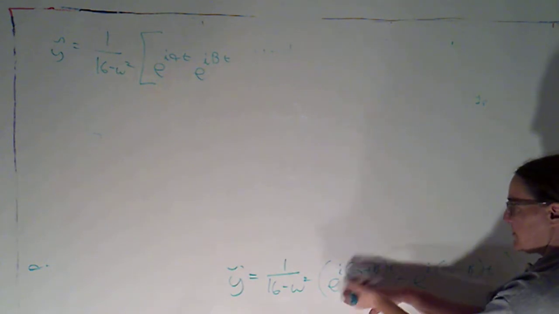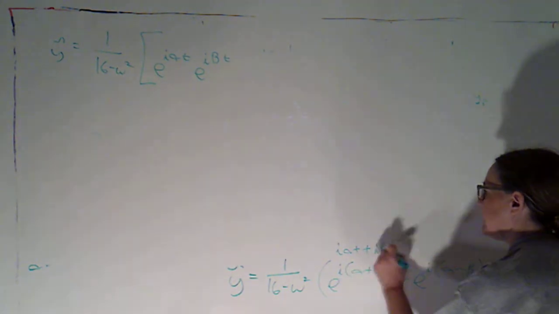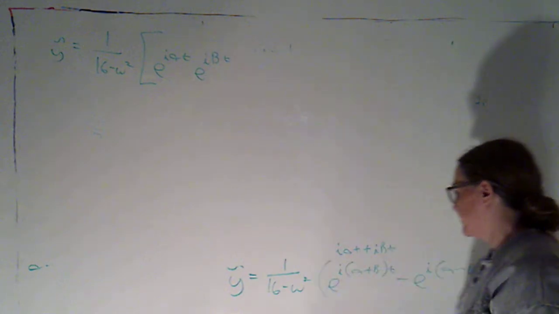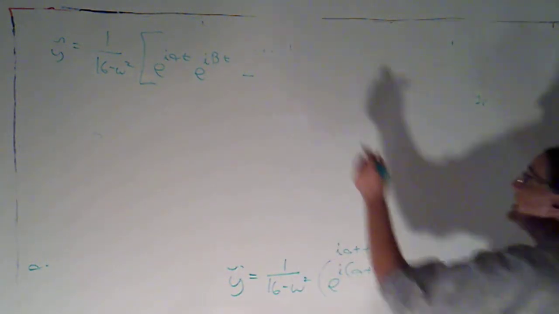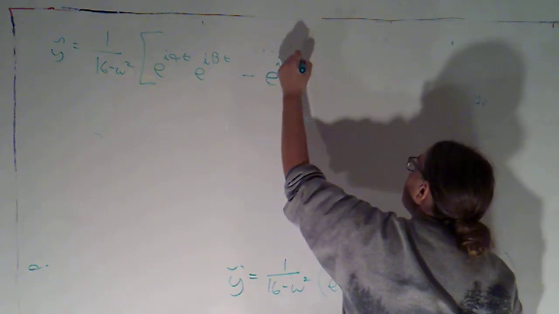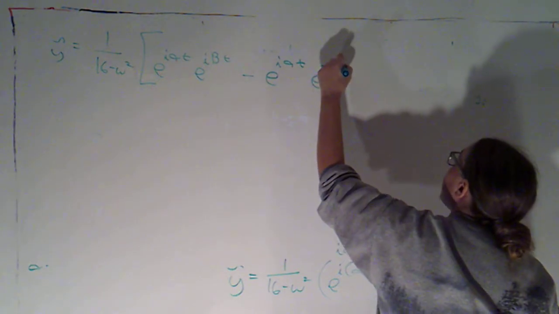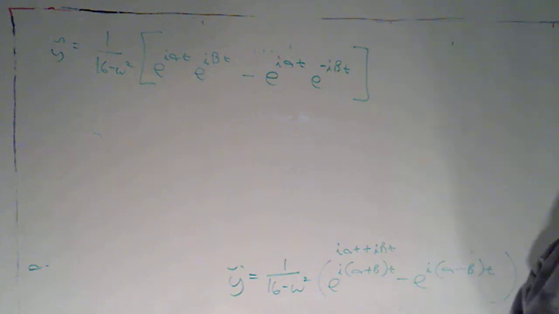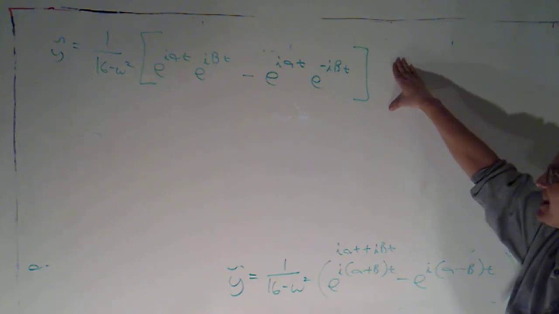Because of course if I distribute the I and the t, I just get I alpha t plus I beta t. But when I'm adding the exponents, that just corresponds to multiplication. Okay. Minus, I can basically do the same thing here. I'm going to get e to the I alpha t, e to the negative I beta t, like so. Okay, so that is a way that I can rewrite my complex solution.